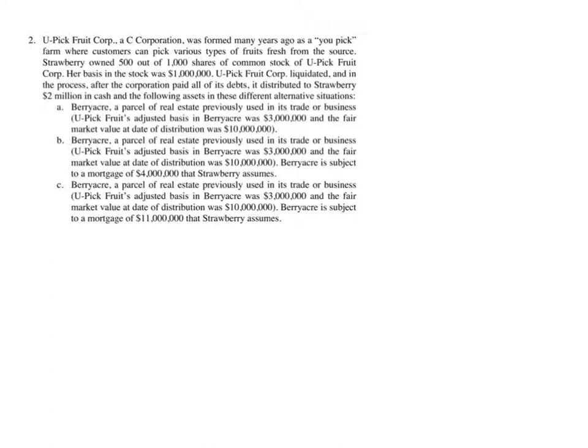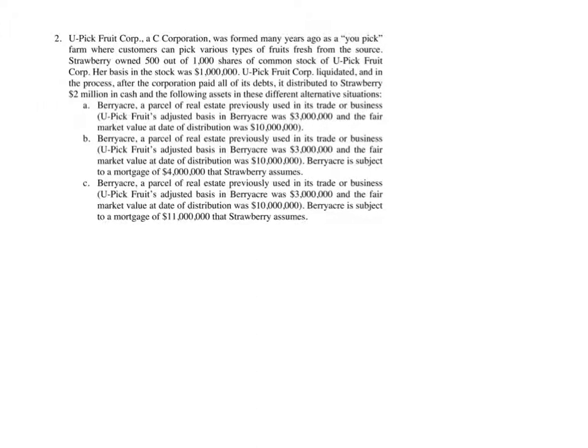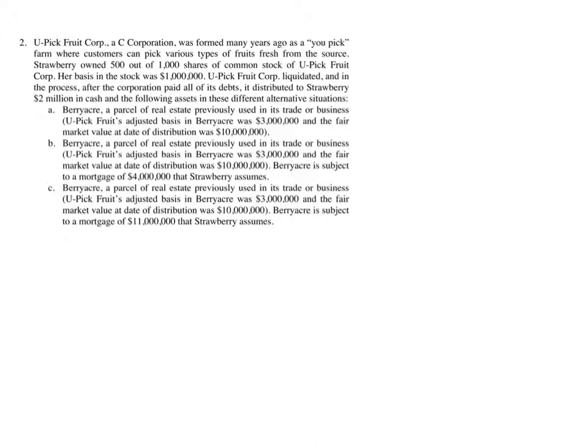All right, problem 2, we've got U Picked Fruit Corp, a C corporation. What it does doesn't matter, irrelevant. Strawberry owns 500 out of 1,000 shares of common stock. Her basis is $1 million in the stock. The corporation liquidates, and in the process, after the corporation pays all its debts, distributes $2 million cash to Strawberry, and the following assets.